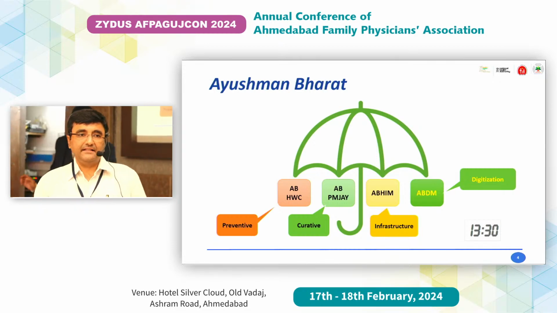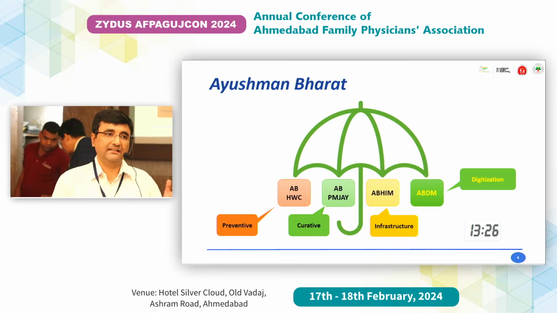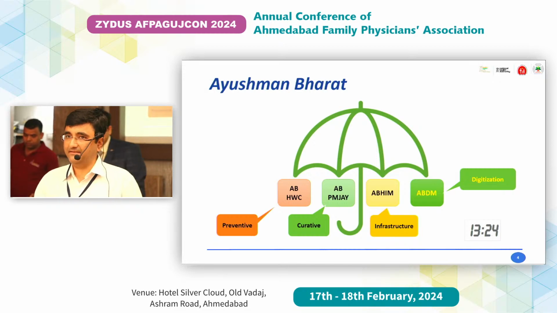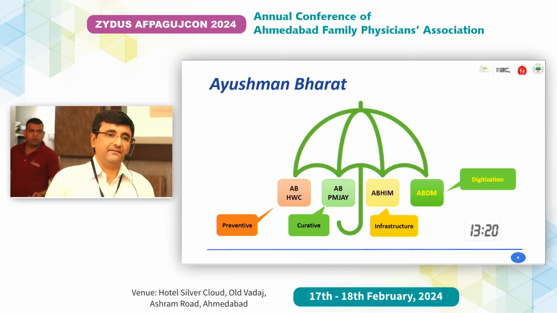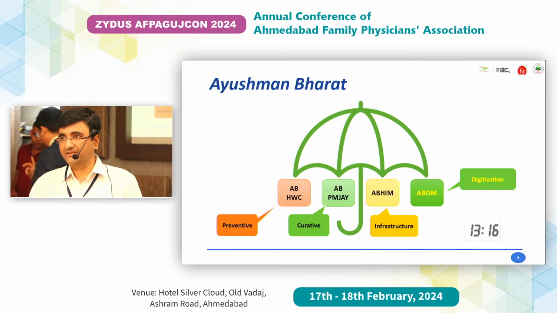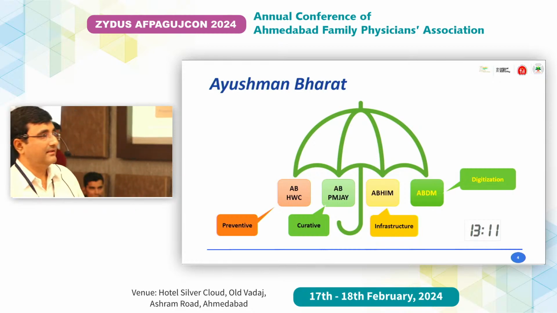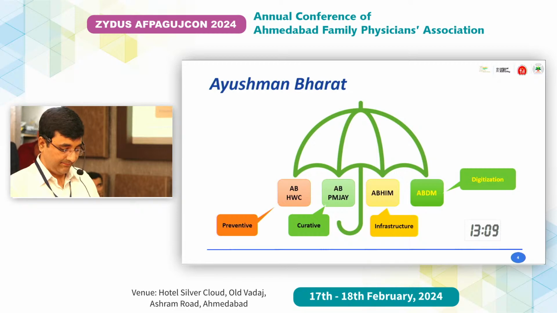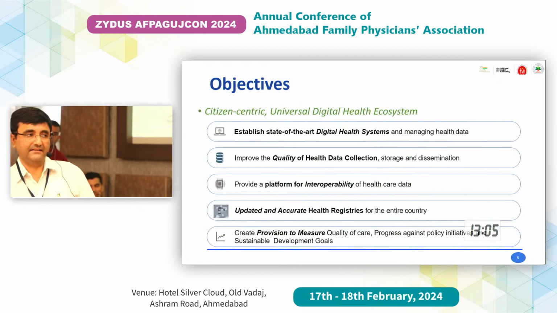Then the Ayushman Bharat infrastructure mechanism to equip the health and wellness centers and the PMJAY hospitals in the government sector. And the ABDM works as a fine thread to connect all these pearls. So this is how the Ayushman Bharat Digital Mission is covering all the initiatives and all the health sector's facilities.